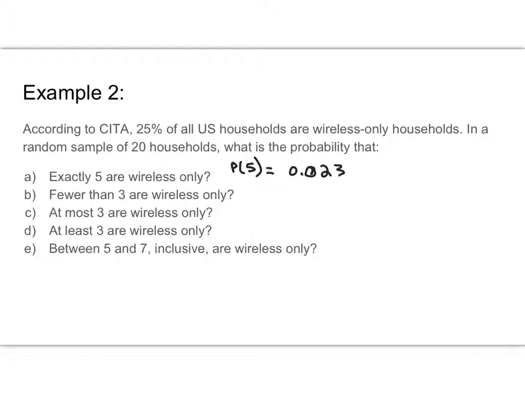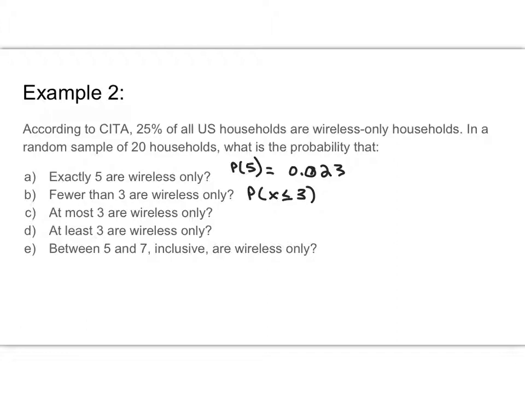So fewer than 3 are wireless only. This time I could go to my cumulative binomial probability distribution table, and I don't have a picture of that in my slide presentation. So if you want to do that, you're going to have to figure out how to do that yourself.